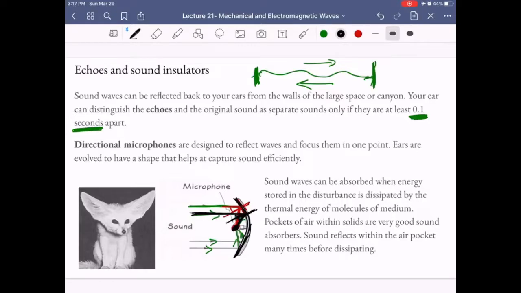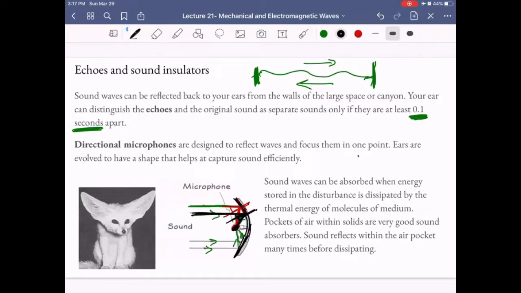And one more thing I want to mention is, remember we talked about insulators and how air pockets would prevent heat transfer by conduction. It turns out that air is also good for insulating sound.